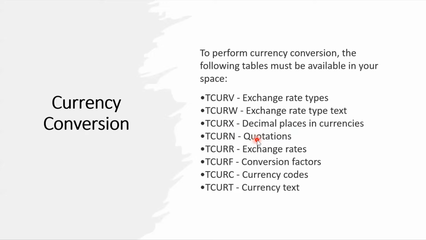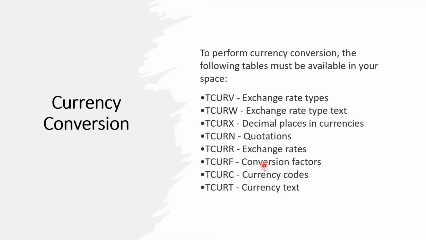In that quotation it says it will do USD to INR because it is maintained, and then it will take the reciprocal of it so that it gets the correct exchange rate. Then we have TCURR, which contains the exchange rates of the currency translation.